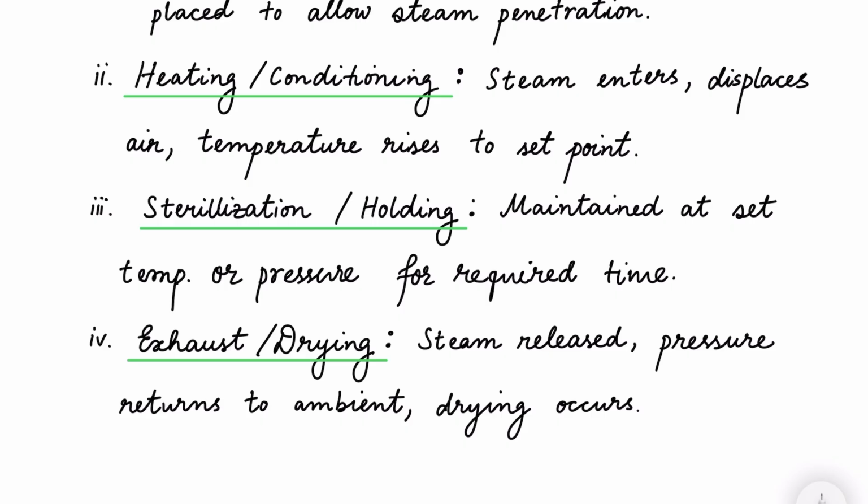After that, the sterilization or holding phase begins, where the load is maintained at the required temperature and pressure for a fixed period. Finally, during the exhaust and drying phase, steam is released, pressure returns to normal atmospheric levels, and the materials dry before removal.